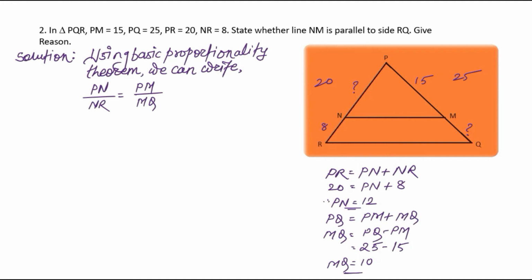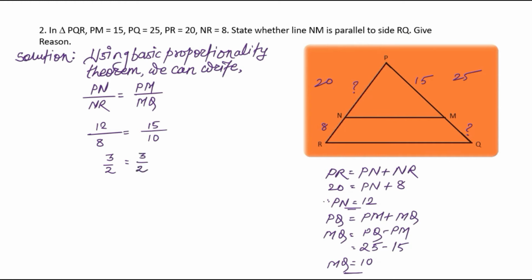So PN is now 12. So 12 upon NR 8 is equal to PM 15 upon MQ 10. So in the reduced form we get 4 2s are 8, 4 3s are 12. So 3 by 2 is equal to, again, 5 2s are 10 and 5 3s are 15.